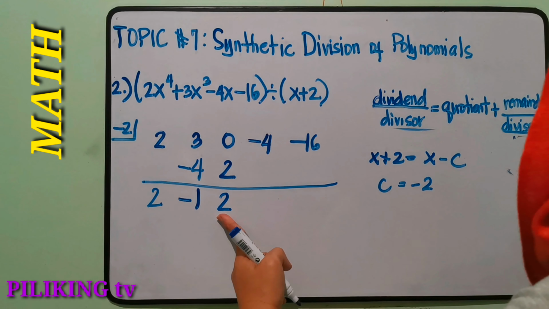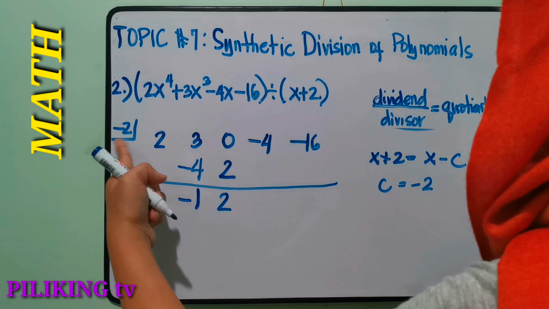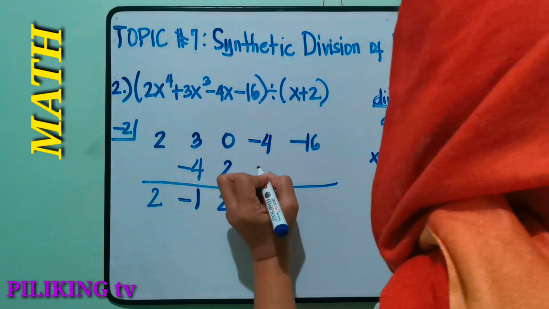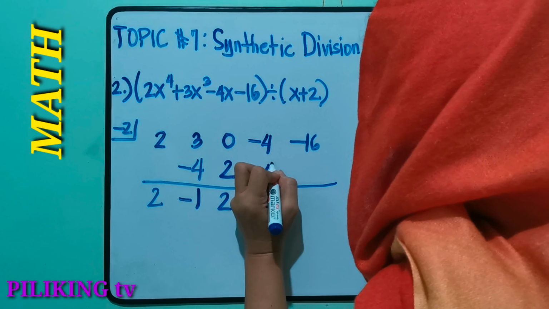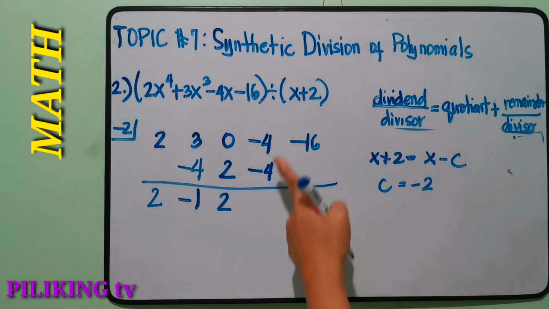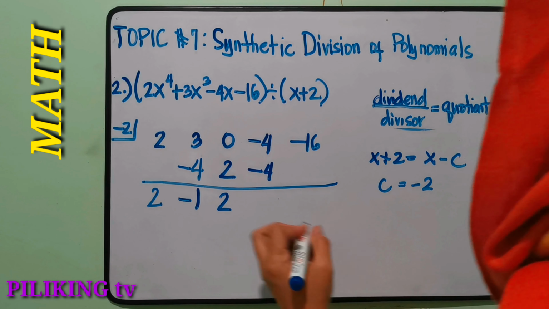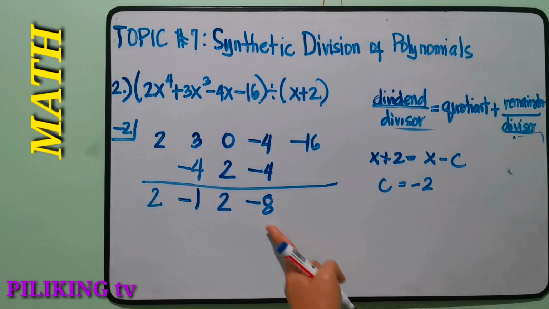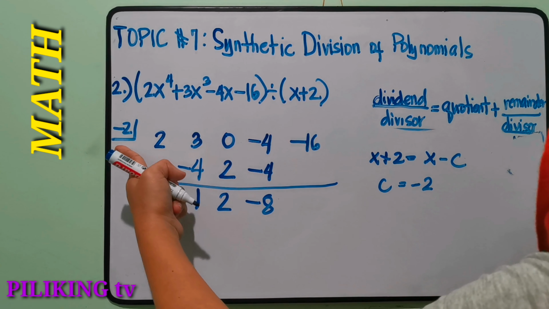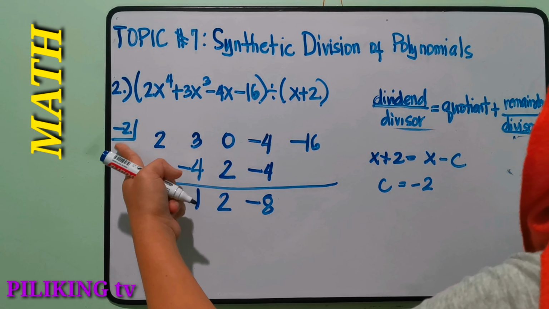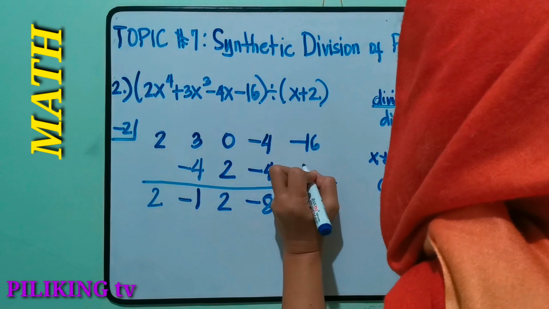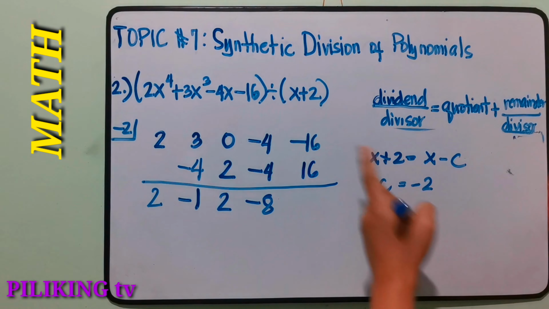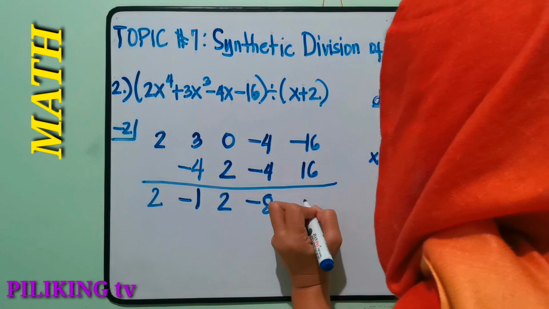Then 2, you multiply to negative 2; you are multiplying different signs, so that will be negative 4. What is negative 4 plus negative 4? That is negative 8. Then you multiply again negative 8 to the test 0, which is negative 2, so that will be positive 16. Negative 16 plus 16 is 0.